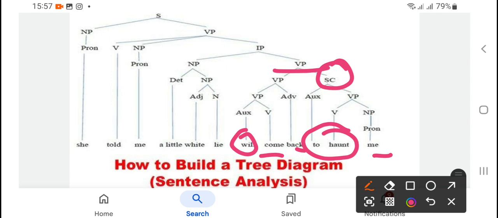So here I would like to tell you how this is a very complicated and tough sentence, but then we should know the structure.